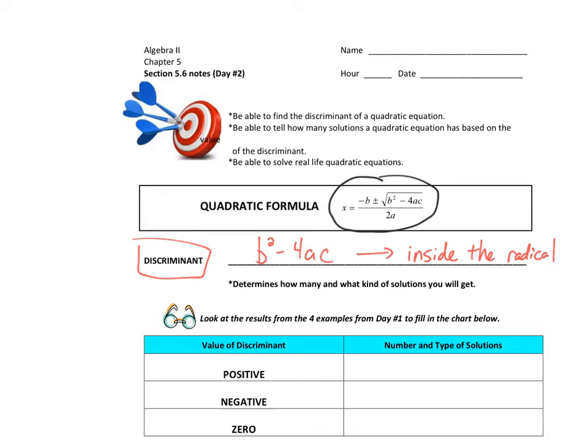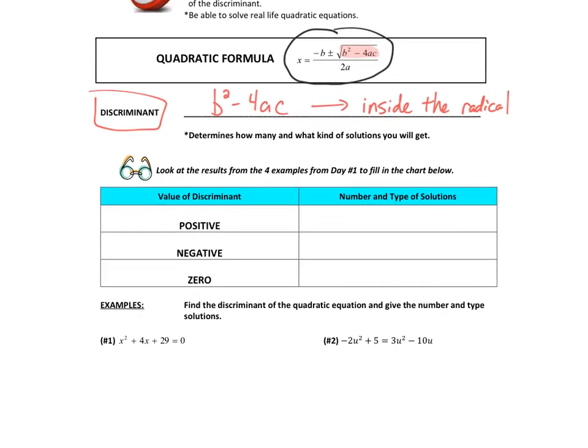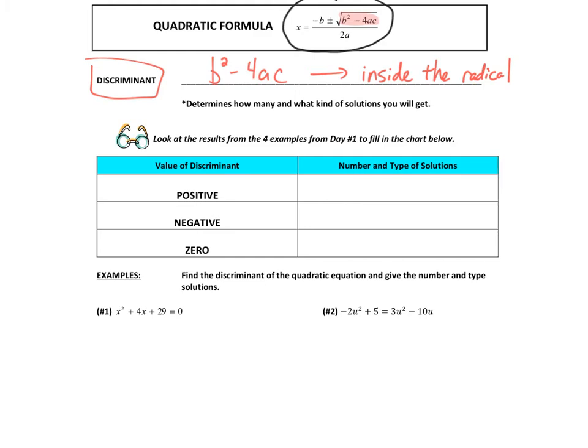That part inside the radical actually tells us quite a bit about our equation and the solutions of it. So this part right here is the part we're going to focus on today. This determines how many and what kind of solution we will have.